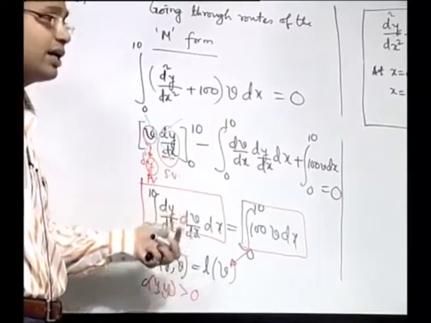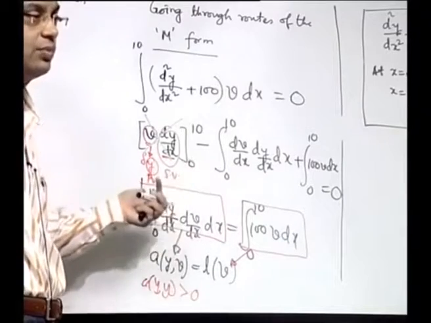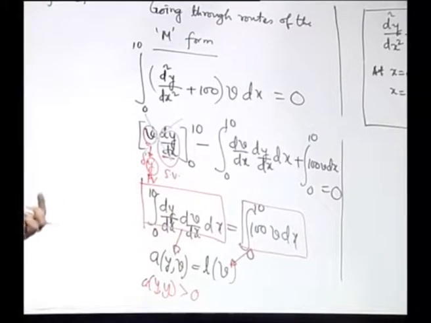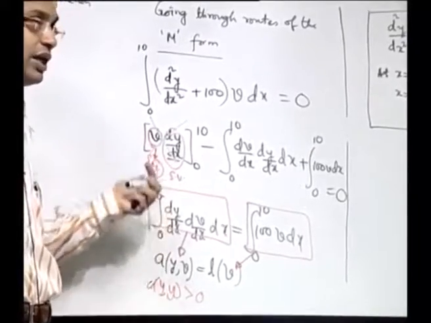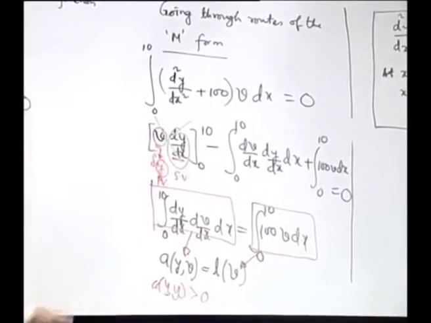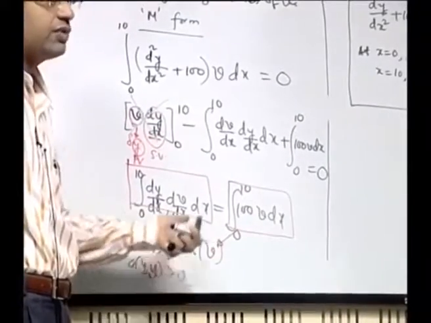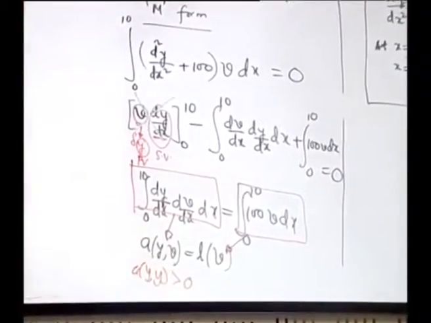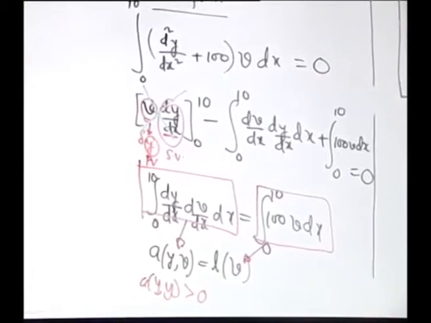So, it becomes integral of dy dx whole square dx, which is greater than 0, because dy dx whole square is positive and the domain of the integration is also 0 to 10. So, you have a(y, y) greater than 0, that means it is a positive definite operator. So, that means its M form exists.